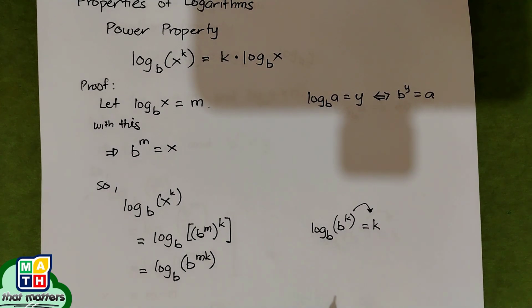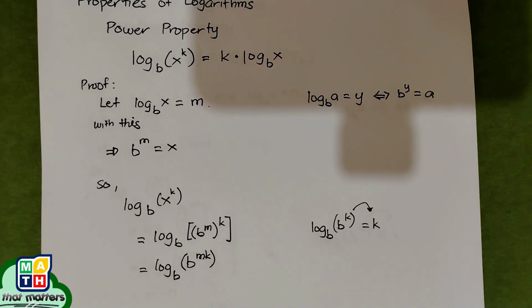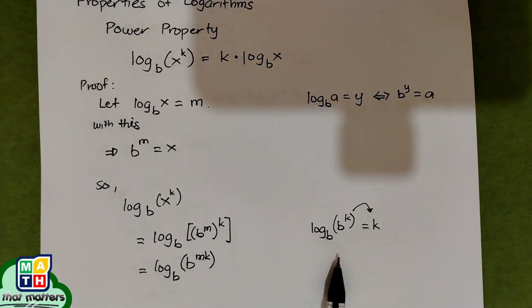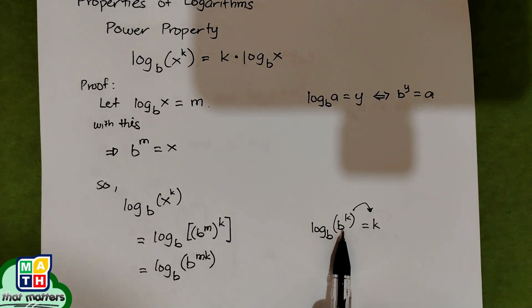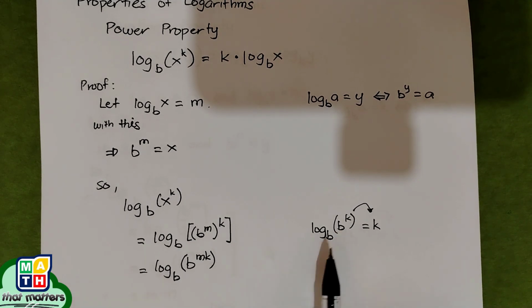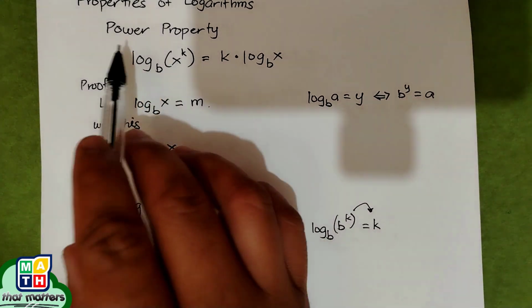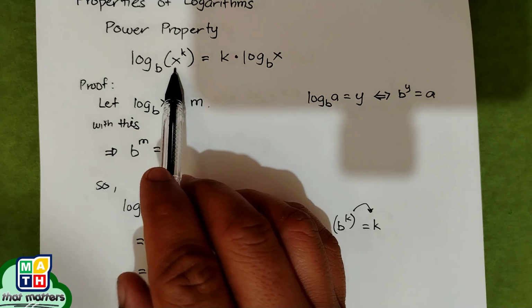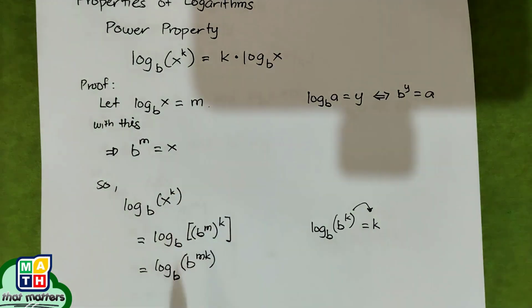This was already shown in the previous video, so please review that if you would like to know how it was proven. Again, this is different from the power property we are trying to prove, where we don't have the same base. Hence, we have this proof.